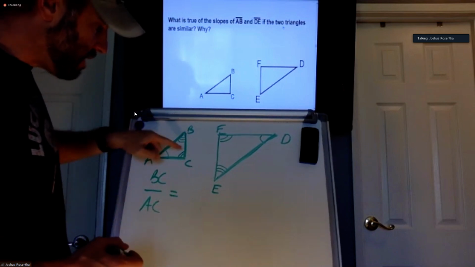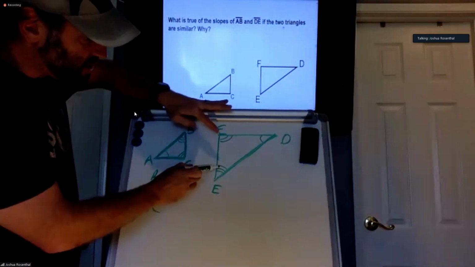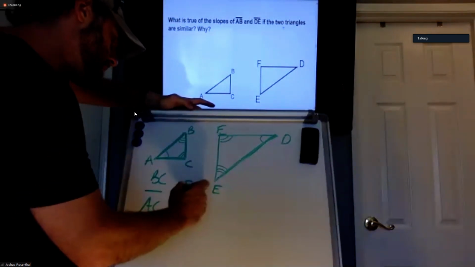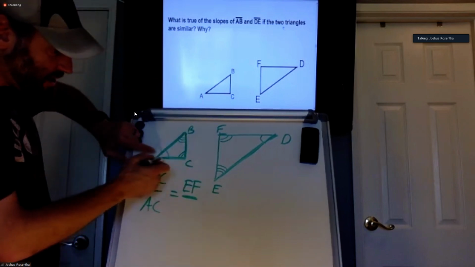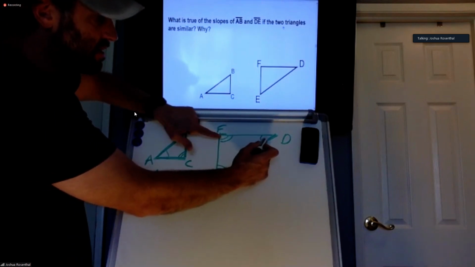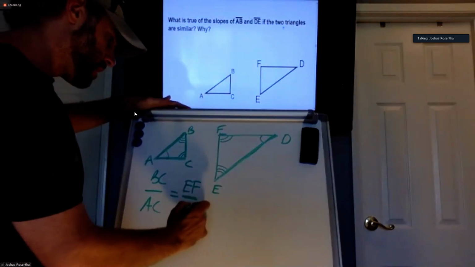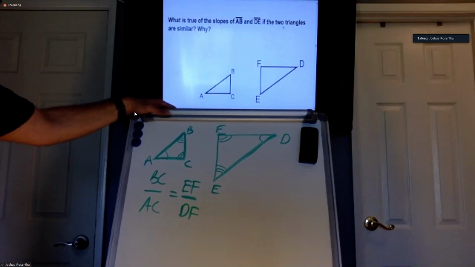Now, what is BC? It's the side that's between the 3 and the 2. So the 3 and the 2, that's EF. Over AC here is the side that's between the 1 and the 2 markers. The 1 and the 2 here, that's DF. Those are equal because the triangles are similar.